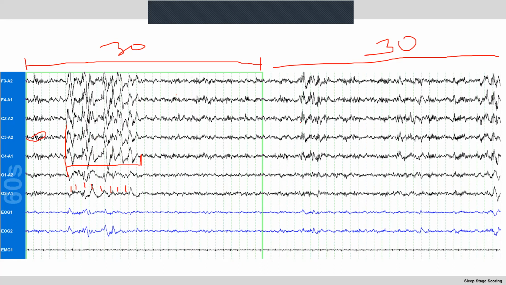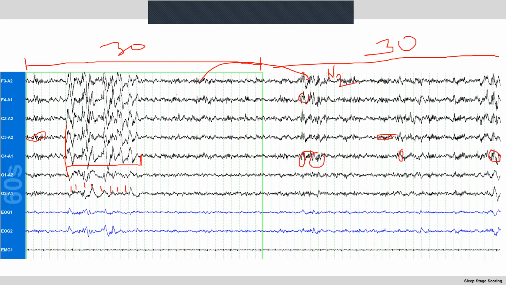Next epoch, what happened? Slow wave activity is there, but only for 1, 2, 3, or 4 seconds. The criterion was 6 seconds, but in this epoch it is only 4 seconds. So in the next epoch, slow wave activity is not present, and you can see K complexes are present, even spindles are present.